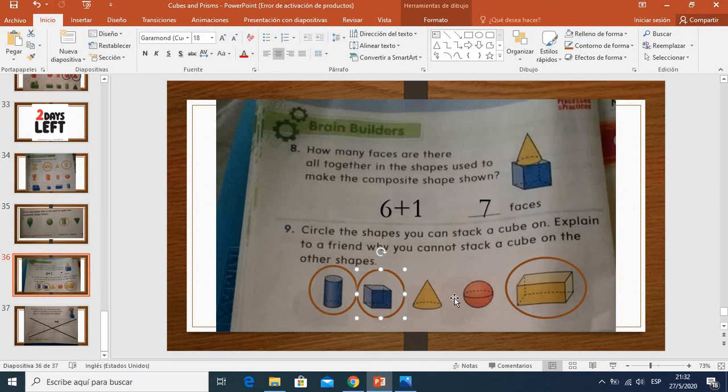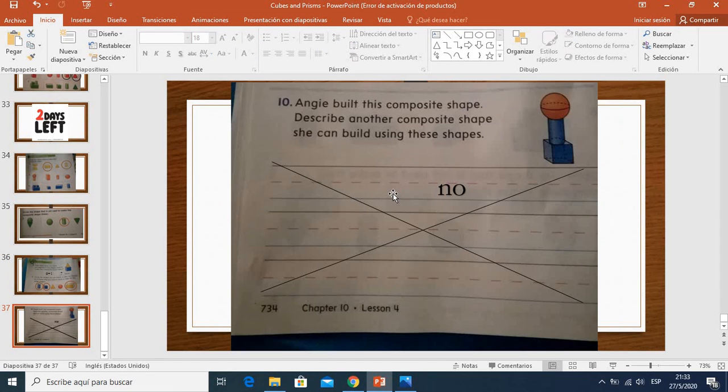I cannot stack cubes on a cone and on a sphere. That's impossible, okay? Now the last part, we're not gonna do it because it's about writing too much. Just trace a big letter X and write no, okay? And that's how we finish math.